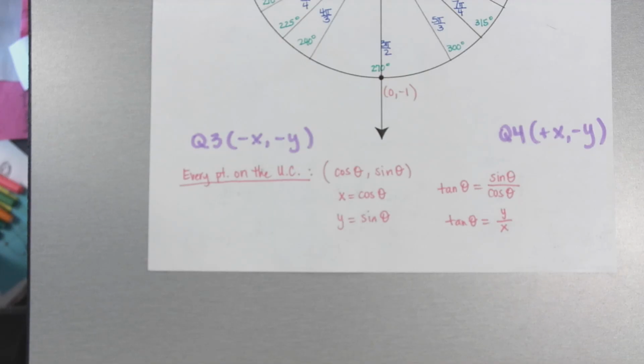Okay, so you won't have any homework tonight besides finishing the special triangle worksheet if that's not done, or filling in anything in your unit circle if that's not done. And then we're going to use our unit circle to just help us with the first two.